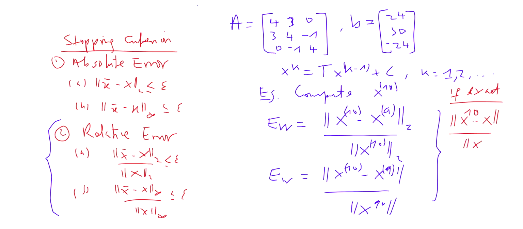Then you divide by the exact, in the same norm. Let me call this x, where this is the exact one.